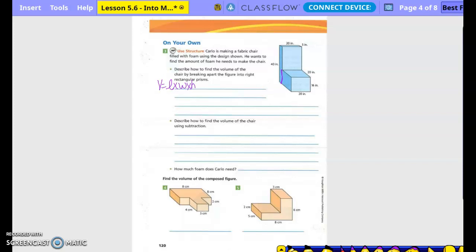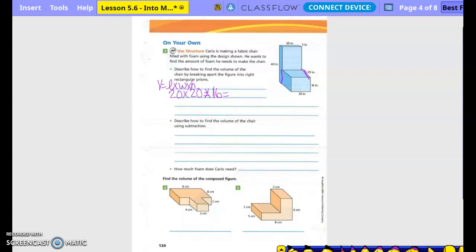Okay, so the volume of this first box is, what's the length? 20, right? What's the width? 20, because it goes back right here, 20. And what's the height? 40. Okay, so we're going to take 20 times 20, which is 400 times 16.